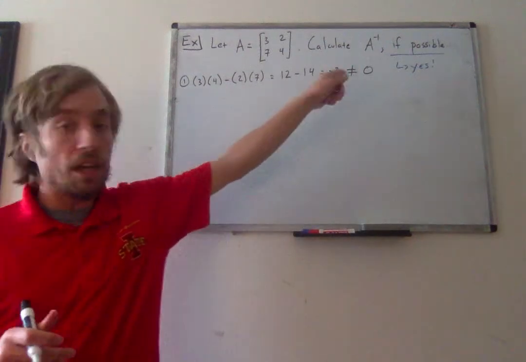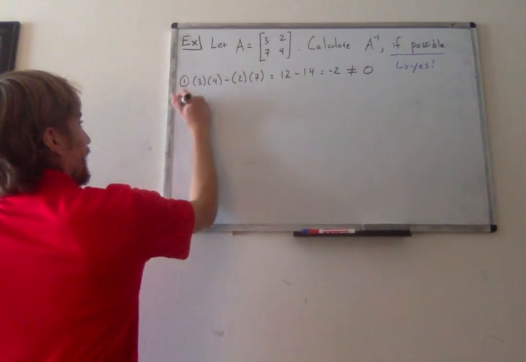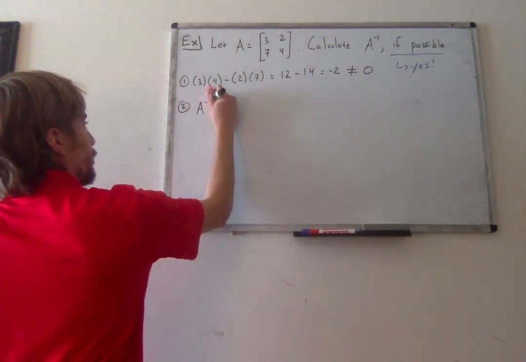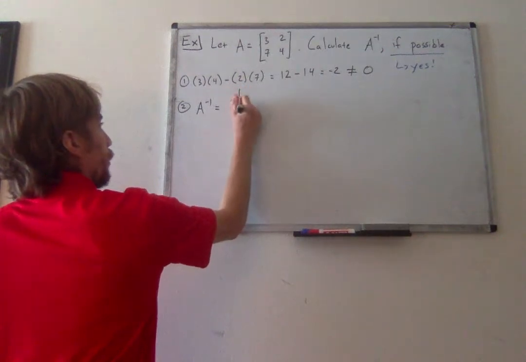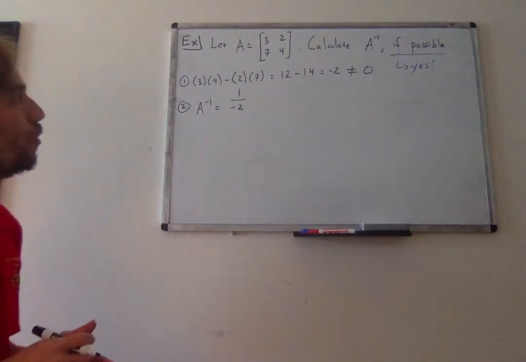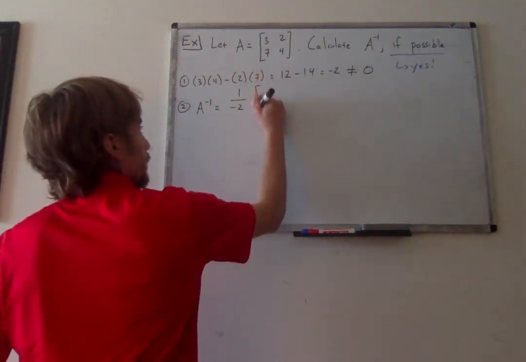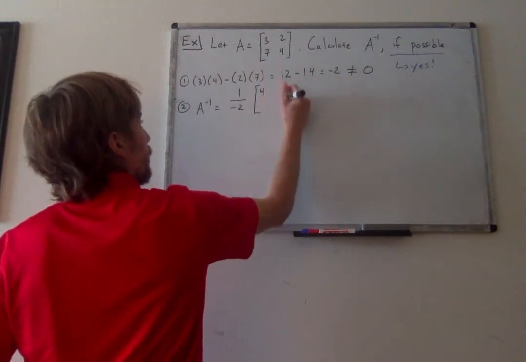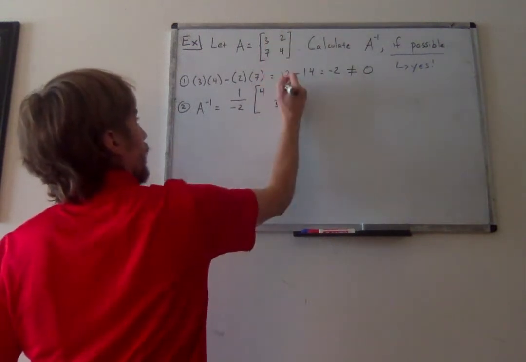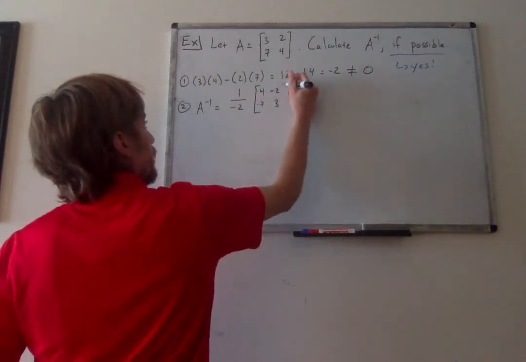So, because if possible is true, again, at this point, for 2 by 2 matrices, A inverse is not going to be that hard to find. Remember, it's 1 over this value, so 1 over negative 2, times, well, I swap the diagonal entries. So for 3, multiply the off-diagonal entries by negative 1.